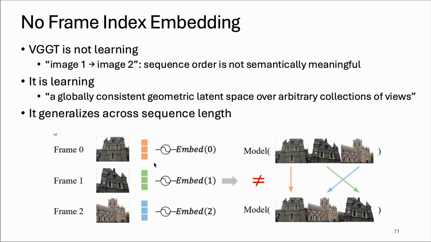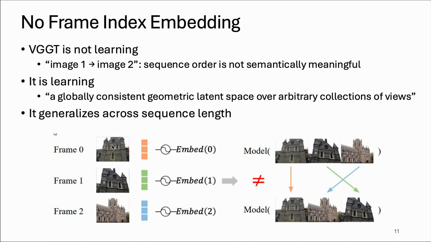I think this elimination of frame index embedding is a very smart and appropriate choice for this problem, because in multi-view geometry settings there is no image 1 or image 2, which means the image sequence order is not semantically meaningful.